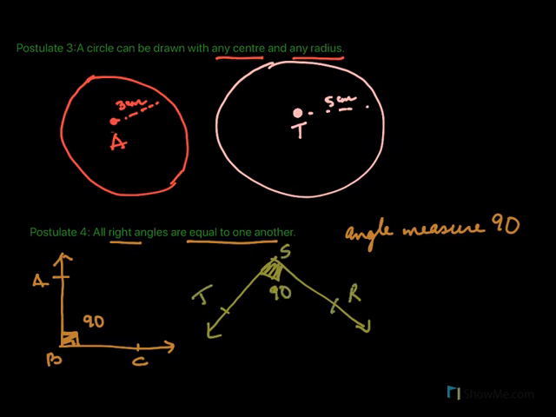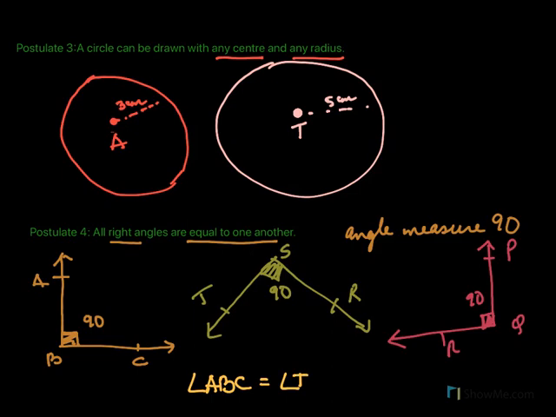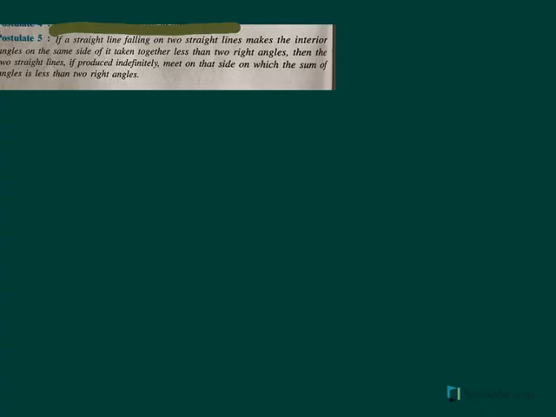Or I could draw yet another one in this manner, and name it PQR, but the measure here is again 90. All these angles are equal. I can say angle ABC is equal to angle TSR is equal to angle PQR, because all of them are of the same measure, 90. So all right angles are equal to one another.